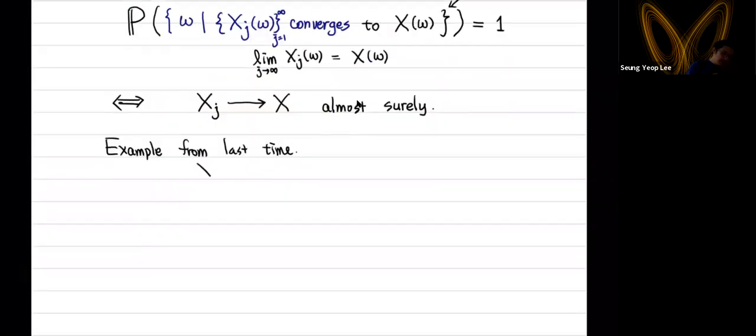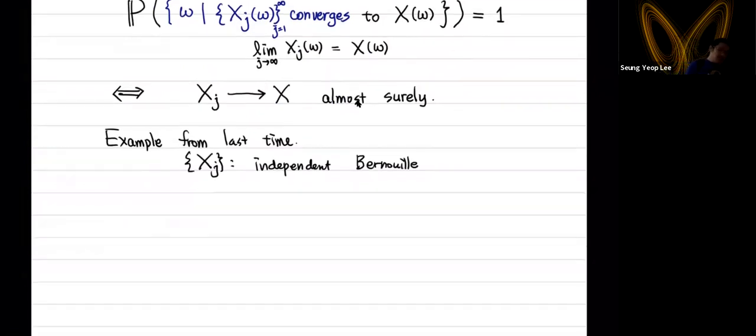So we have xj, which are independent Bernoulli random variables. That was the definition. That's the terminology for the random variable, which takes 0 and 1. Independent Bernoulli random variables. So that's a coin throw. So each xj takes 0 and 1.